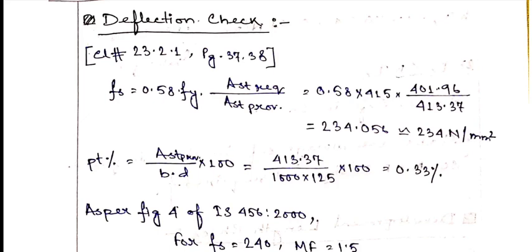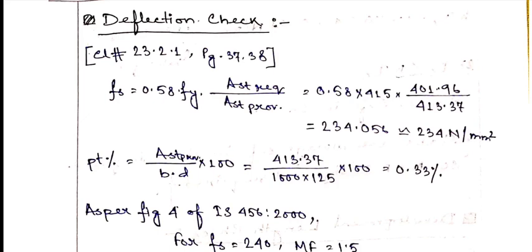The formula is Fs is equals to 0.58 Fy into AST required by AST provided. So that is equals to 0.58 into Fy is 415 into AST required is 401.96 by AST provided is 413.37. We know these values.